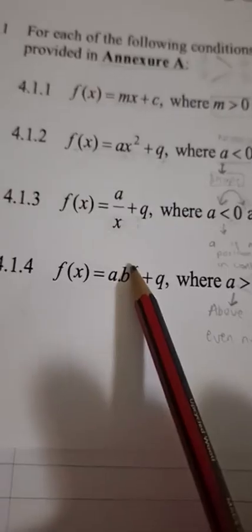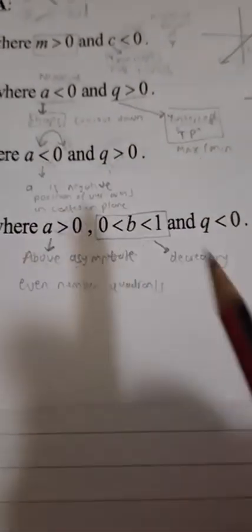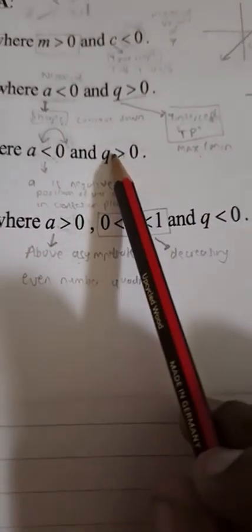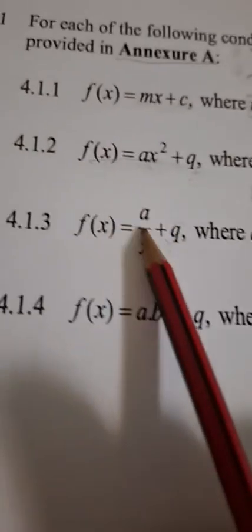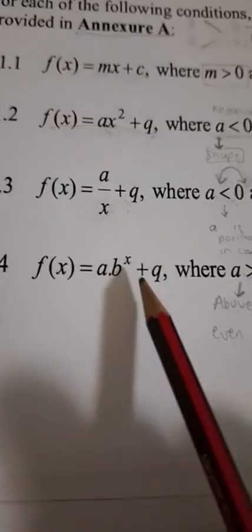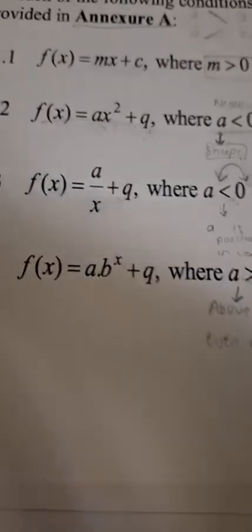So q has the same meaning for your hyperbola and your exponential function, because these are the functions that have asymptotes, and your q's both speak to your horizontal asymptote. In other words, the constant value in the function speaks to your horizontal asymptote for both functions. Hyperbola is the only one that has a vertical asymptote. This one only has horizontal, doesn't have a vertical asymptote.